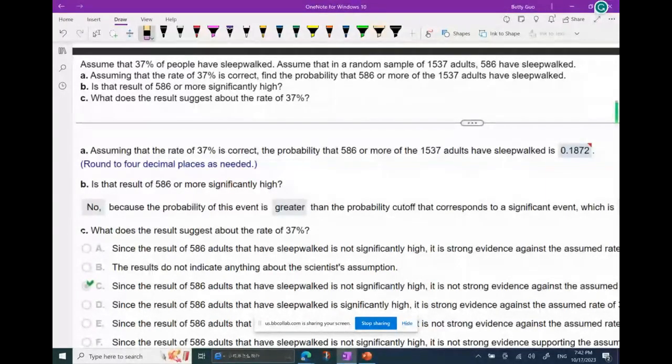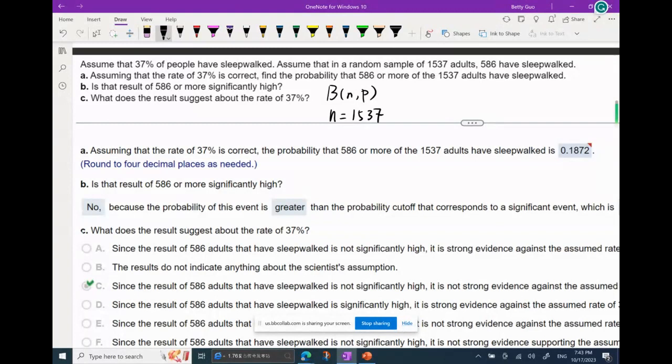So I see a binomial here, and I do not see the words estimate or approximation. So this is about a binomial. Number of trials: each time you ask an adult in your sample, you are applying a trial. So your N is 1537.